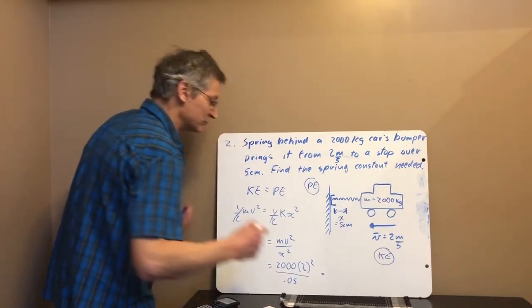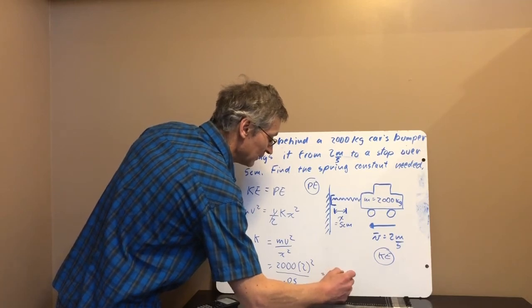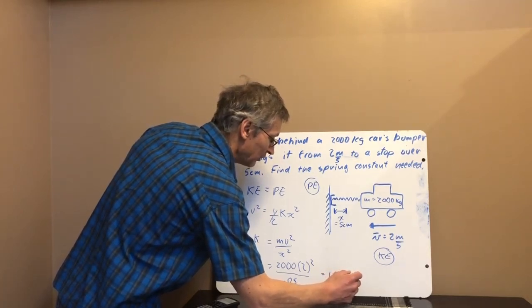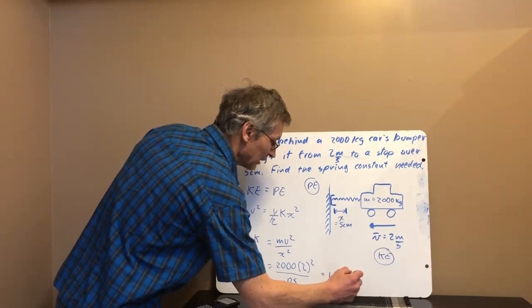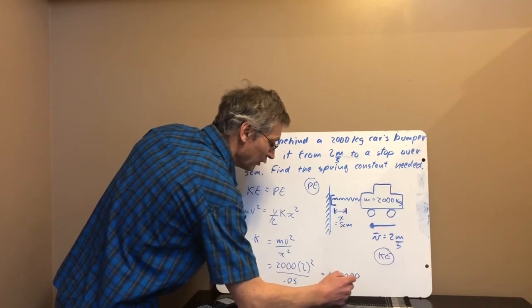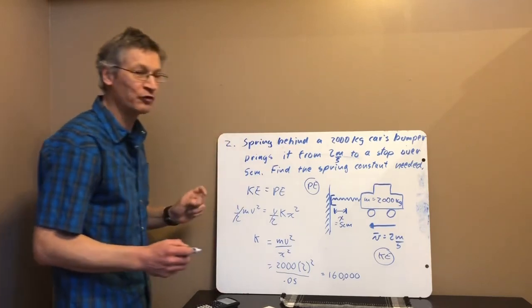8,000 times 20. So that's going to be 16, and I get 160,000. Don't forget your units.